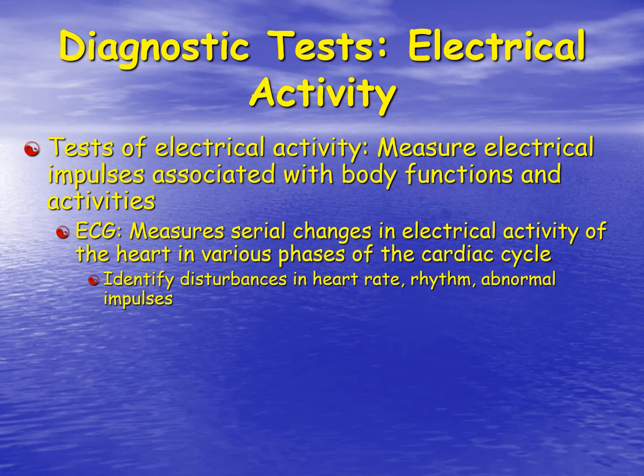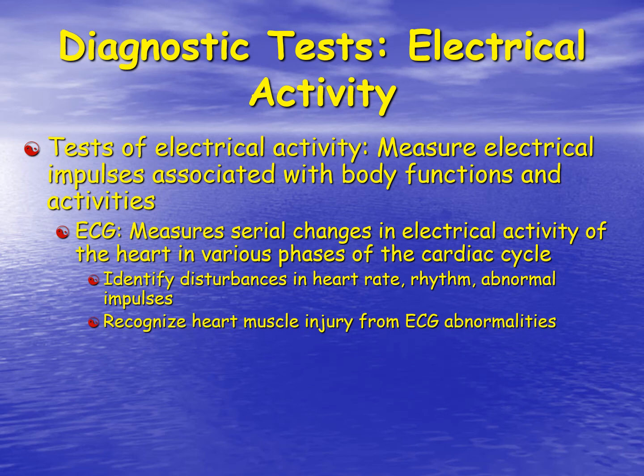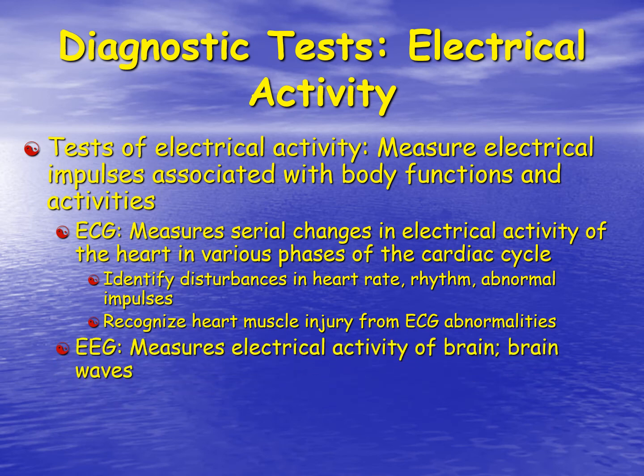It identifies disturbances in heart rate, in the rhythm, and abnormal impulses that may be seen in the muscle of the heart. It can recognize heart muscle injury from ECG abnormalities, especially after a heart attack has occurred. The EEG, the electroencephalogram, measures electrical activity of the brain.